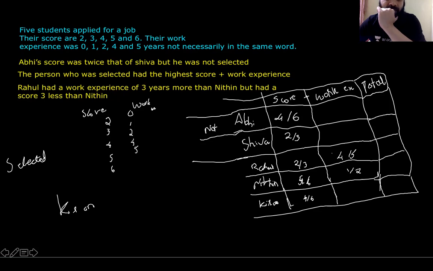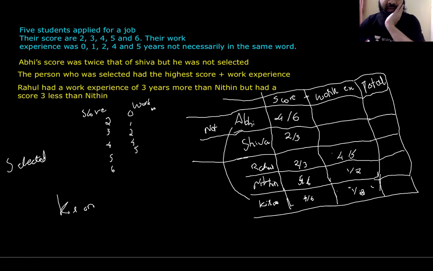So what is the possibility? 1 or 2? Okay, 1 or 2. Now, if I look at this, Abhi or Kiran will have a score of either 4 or 6. Correct?